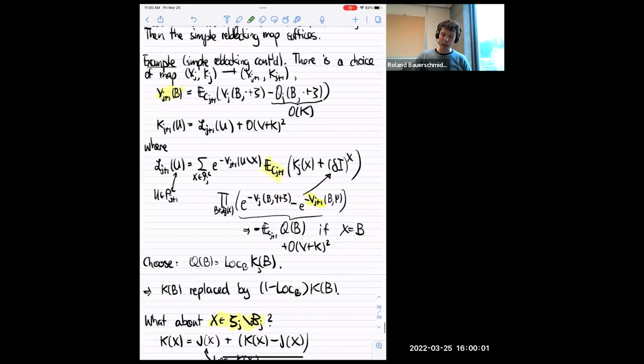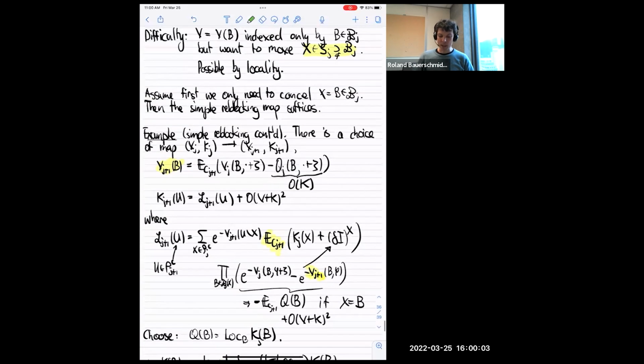Yes, so this formula, Vj plus the first term, is basically first order perturbation theory, right? We're just taking the expectation, and that gives what I explained in lecture 2. And this Q is a little shift of the parameters that comes from all of the non-local part at every scale.